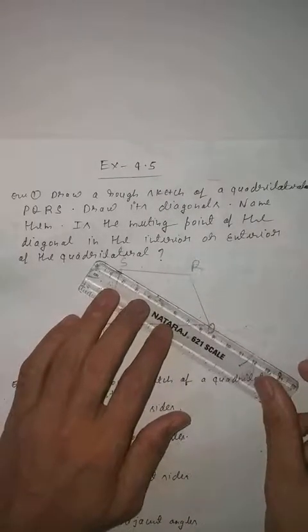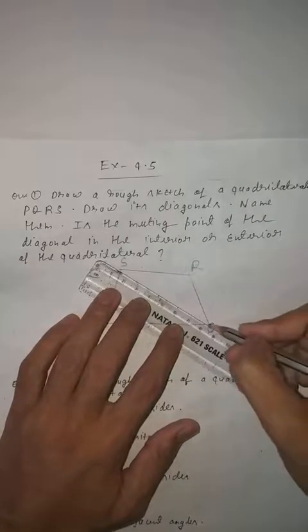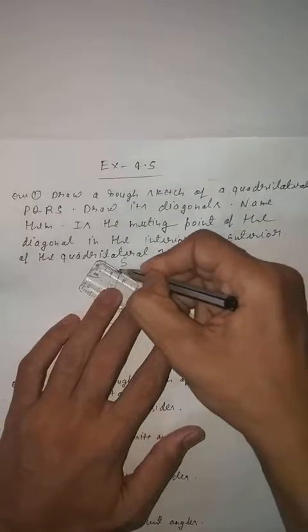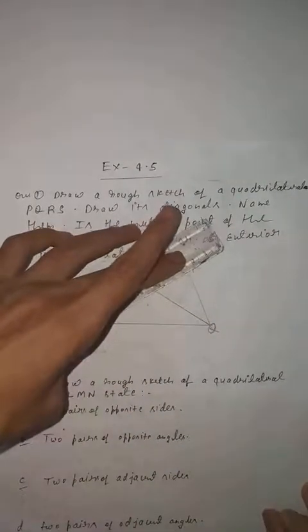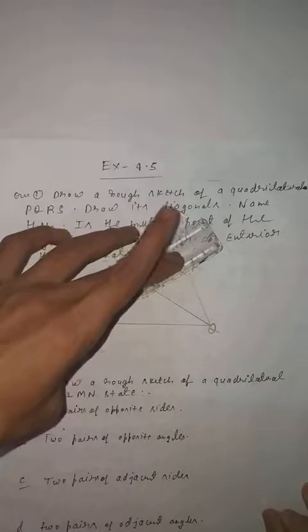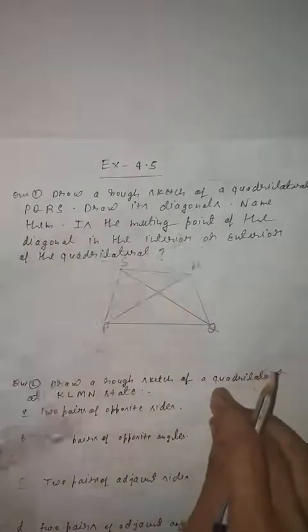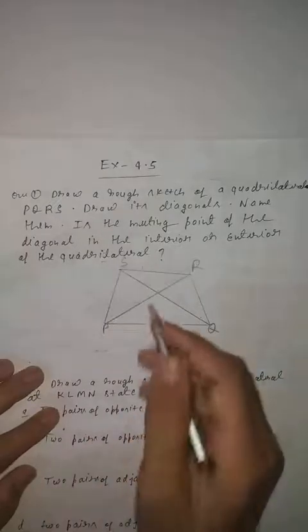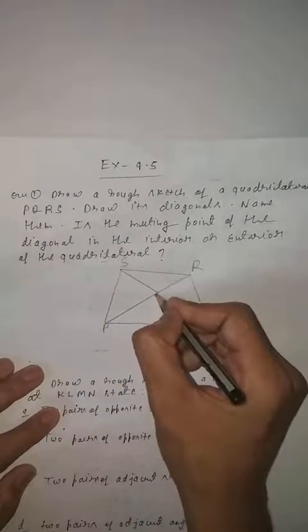S and Q are opposite vertices, and P and R are also opposite vertices. Now these are your diagonals. Name them. Give the name A or anything else you can give.